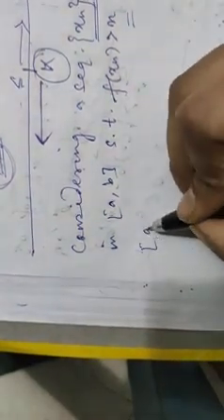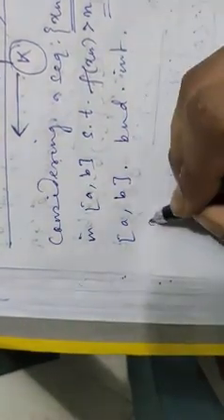Now [a, b] is a closed and bounded interval, and we are considering a sequence x_n over [a, b]. That means x_n is also a bounded sequence because we have chosen it over [a, b].